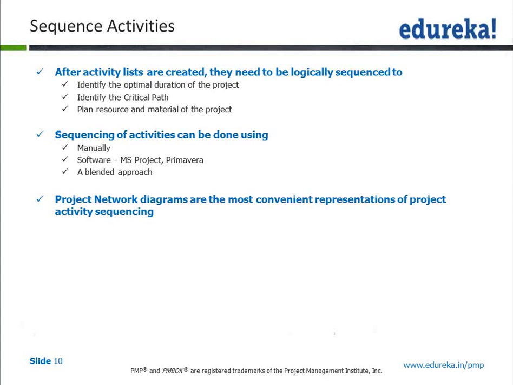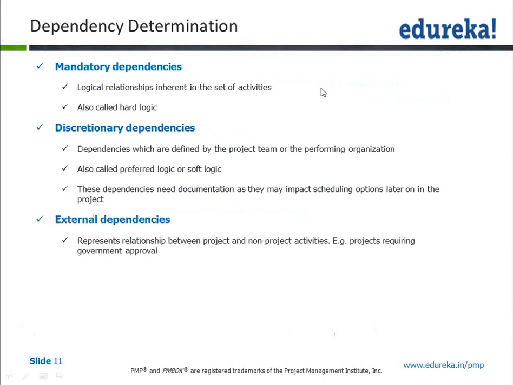Sequencing of activities can be done manually, using software like MS Project, Primavera, or it can be a blended approach. So project network diagrams are the most convenient representation of project activity sequencing. Now there can be three different types of dependencies.